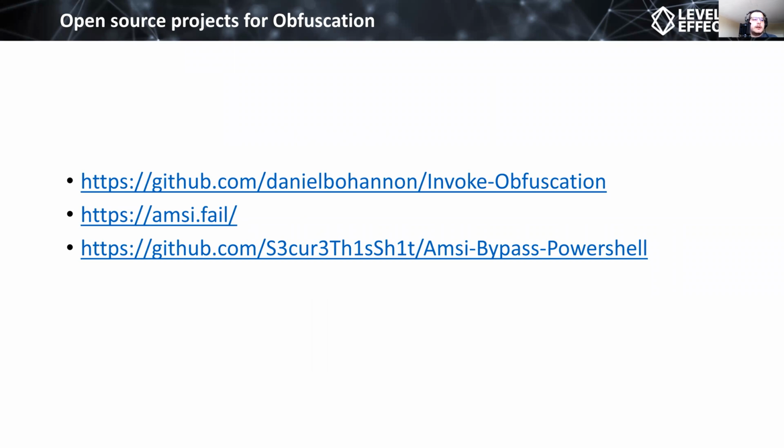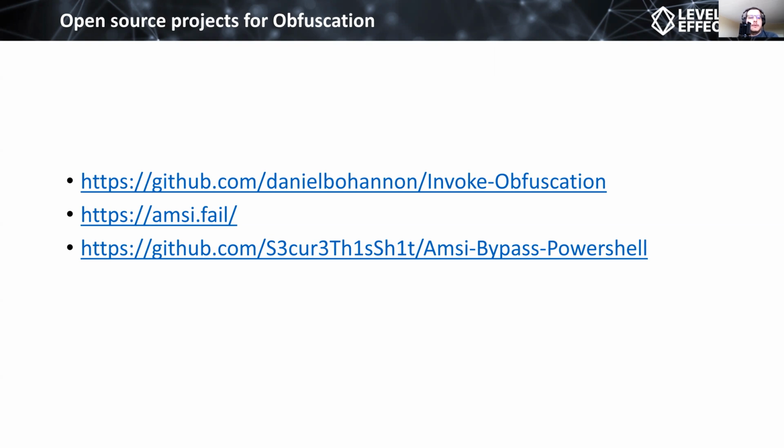All right. So here are some open source projects. AMSI fail is definitely one of my favorites, which we're going to go into. But you can't talk about obfuscation without talking about Daniel Bohannon, who's done a lot of work and a lot of research on AMSI stuff, and wrote the original PowerShell Invoke-Obfuscation commandlet that you can still use and download and play with.